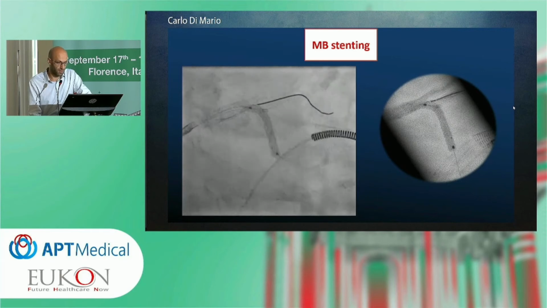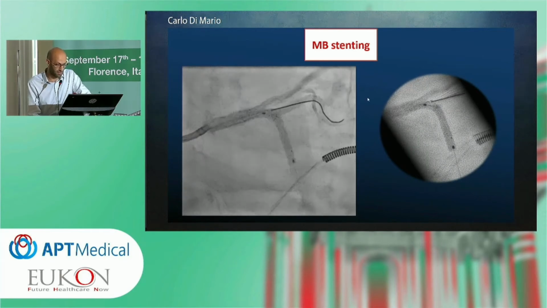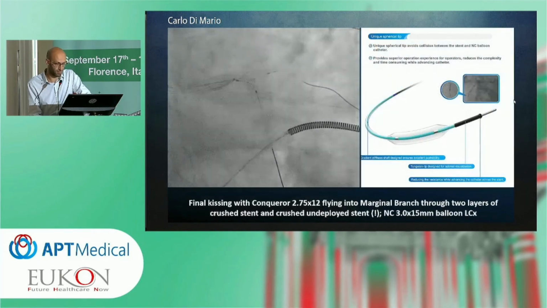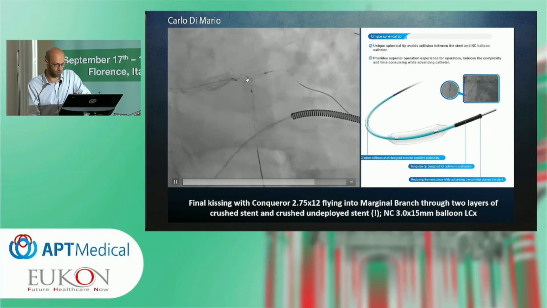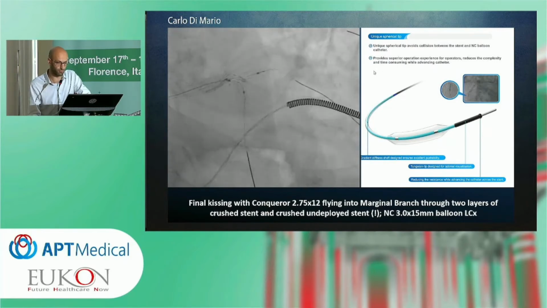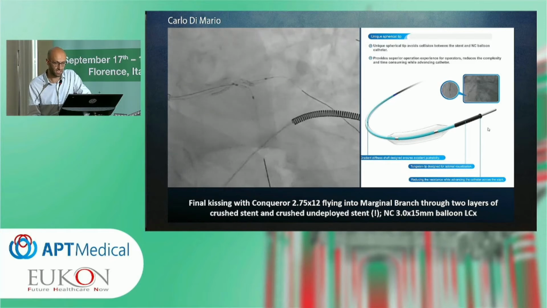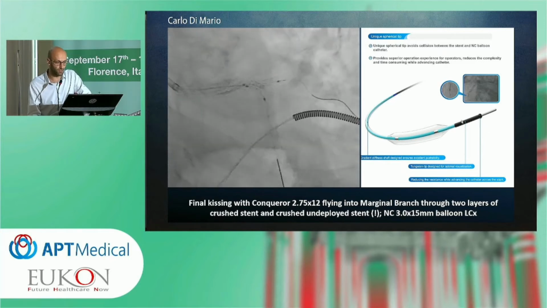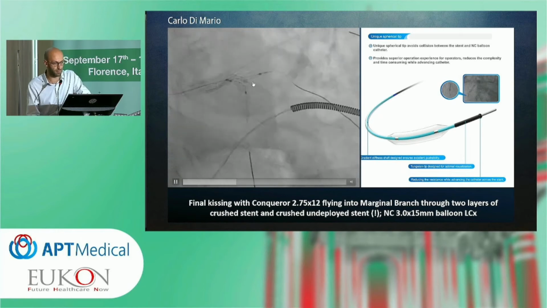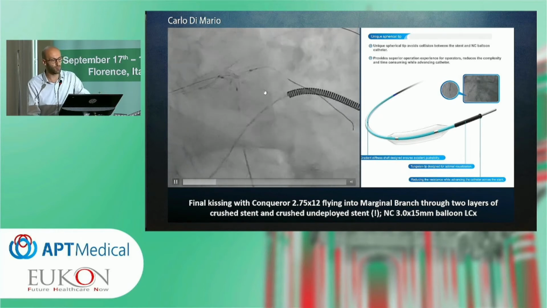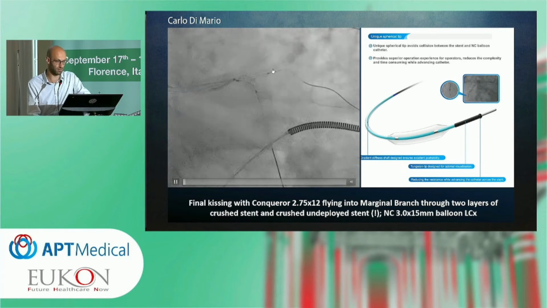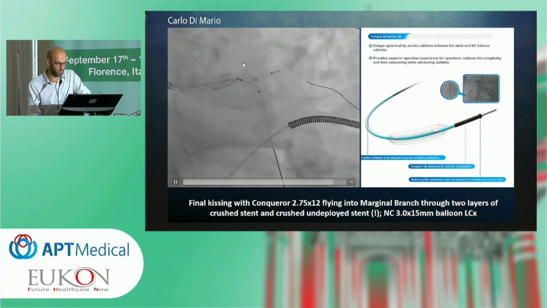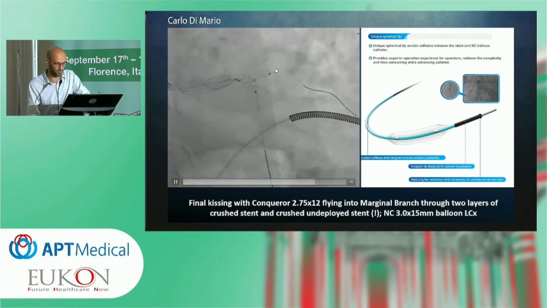This is the inflation. We put it at the ostium of the circ. And here we were very, very happy to test this new balloon, which is characterized by this spherical tip, which is made in order to avoid entrapment in cell struts when re-entering, for example, a side branch like this one, which is compromised by the presence of multiple layers of stents.